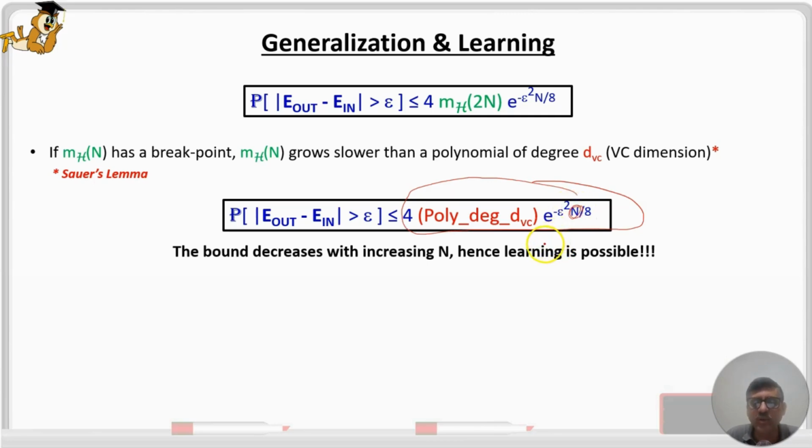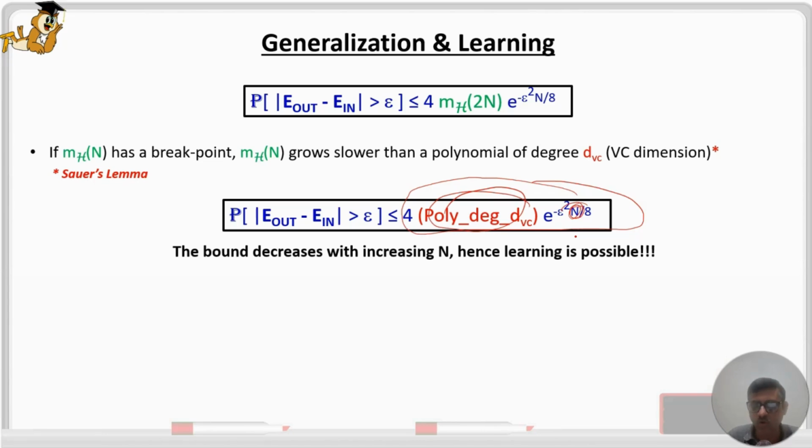Why is it going to decrease with increasing n? Because this is only a polynomial of degree d, whereas this n here is in the exponent, and we all know that a negative exponent will completely kill any polynomial. An exponential grows faster than any polynomial, you know that. So a negative exponent will kill the growth of any polynomial eventually as you increase n.